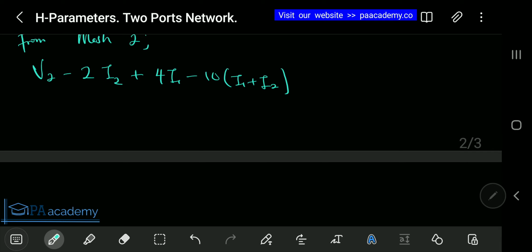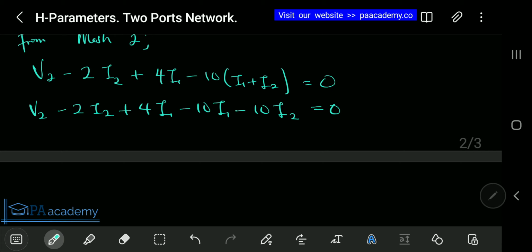Alright, so now let's simplify this. If we should simplify this, you are going to be getting V2 minus 2I2 plus 4I1 minus 10I1 minus 10I2 equals to 0. Exactly, so there should be equals to 0 here. Alright, so now let's simplify this.